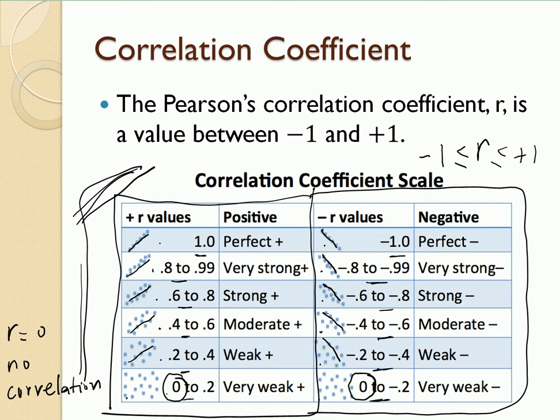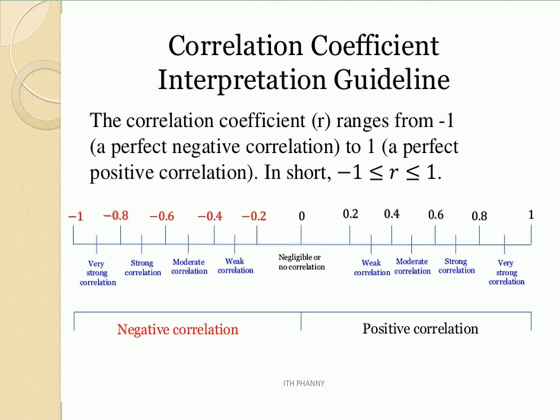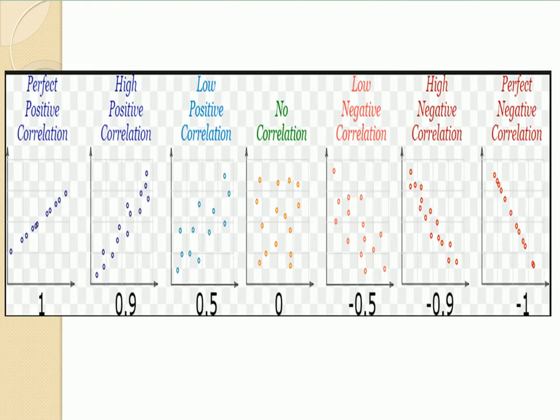Also note that there are other scales that can be used. Here is another, and it shows basically the same thing as the previous. These scatter plots were introduced earlier, and here are the respective correlation coefficient for each plot.